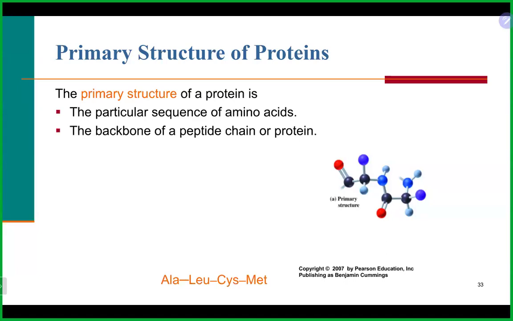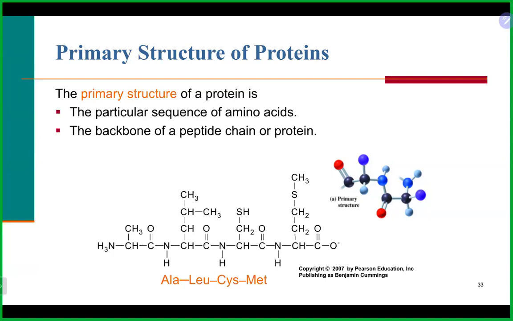Those are, as we just talked about, held together by the peptide bonds between the different amino acids. That is what is known as the primary structure of a protein, which you do need to know, held together by peptide bonding. And that's the sequence of amino acids that occur. And as you can see here, it's peptide bonding all the way.